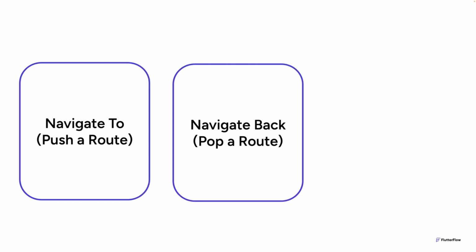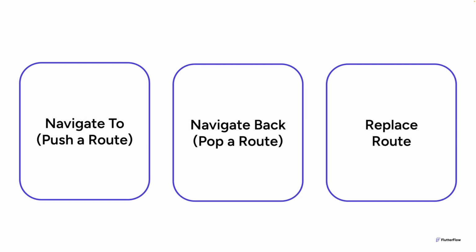Navigate Back, or pop a route, involves navigating back to the previous screen by popping the current route off the navigation stack. And Replace Route involves replacing the current route with a new route. Unlike pushing a route, replacing a route does not add to the stack, as we've seen. It swaps the current route with the new one.